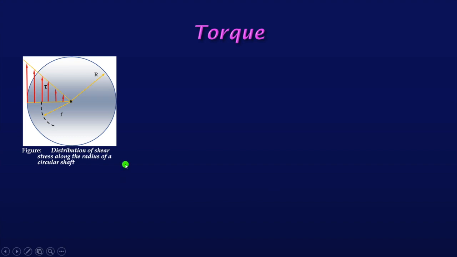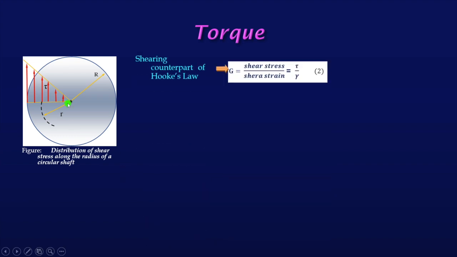Okay, to find out the shear stress, let's go through the equation. We know that it is the counterpart of Hooke's law. From Hooke's law, shear stress and shear strain are proportional, or stress is proportional to strain. So here shear stress is proportional to shear strain, and this proportionality constant is called the modulus of rigidity G. So G equals tau by gamma, where tau is the shear stress.